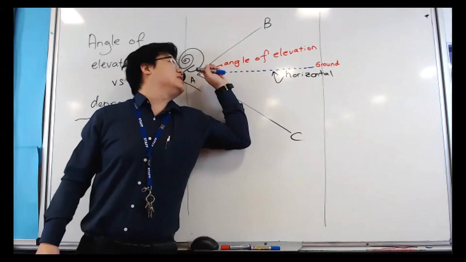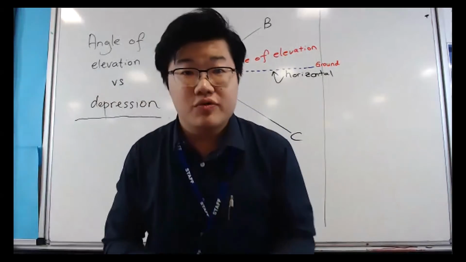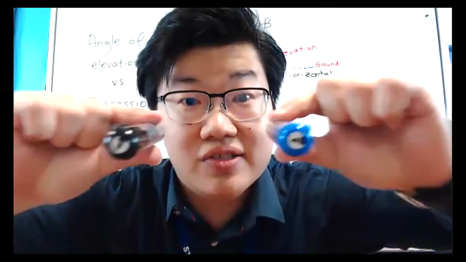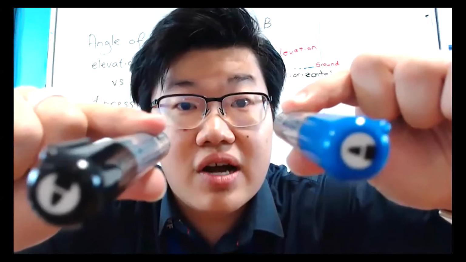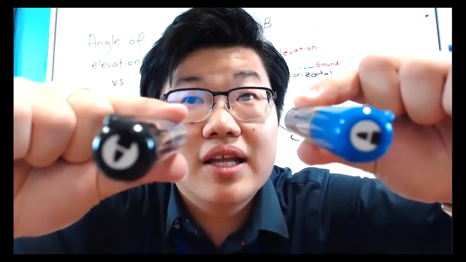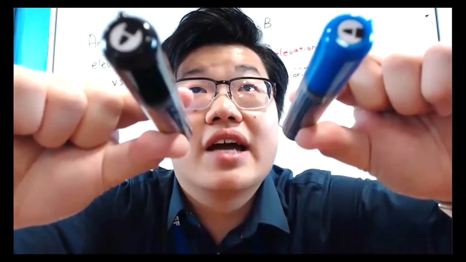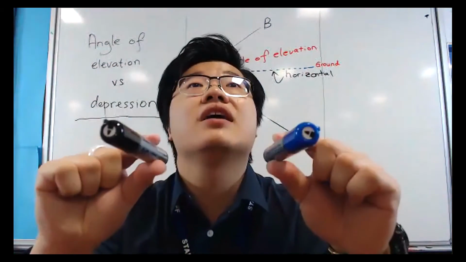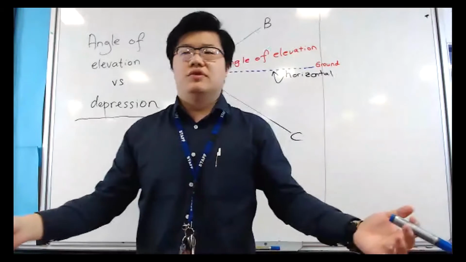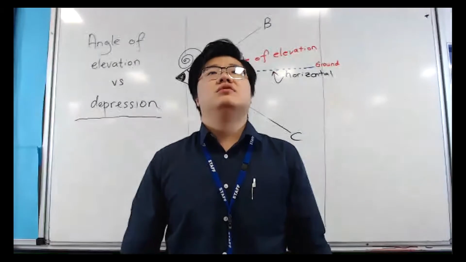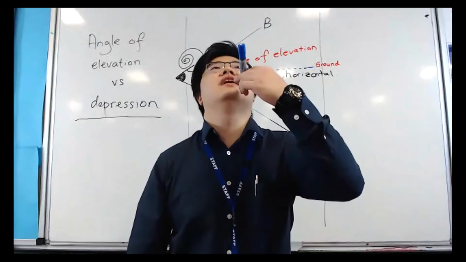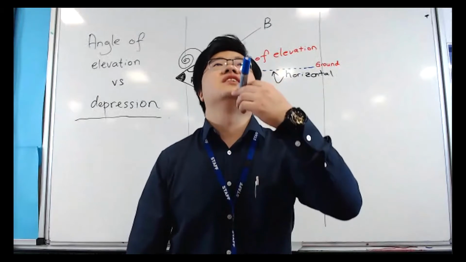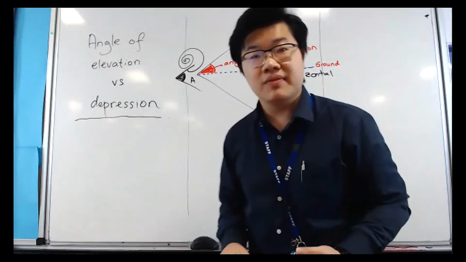Let's say I'm looking right at you, that's your horizontal. When I look up like that, that's the angle of elevation. For example, when John Norman is looking up at a skyscraper, that's the angle of elevation because you're elevating. Does that make sense?